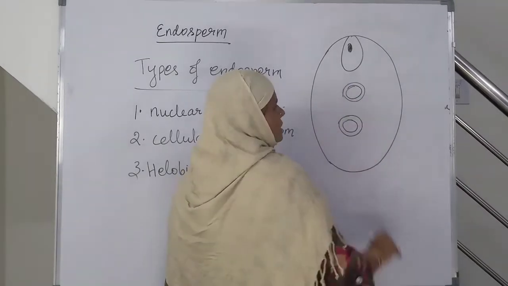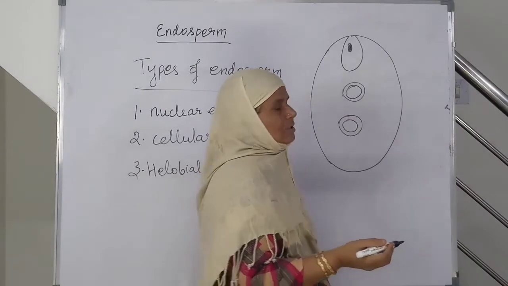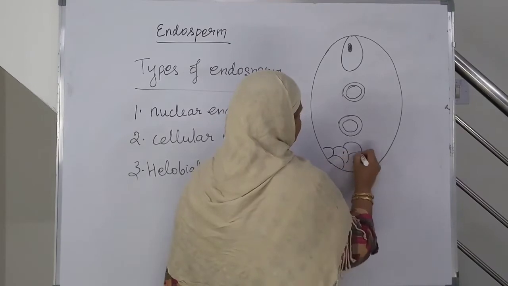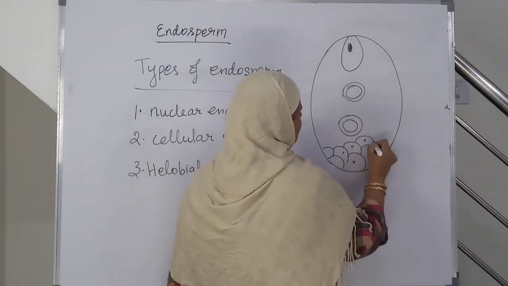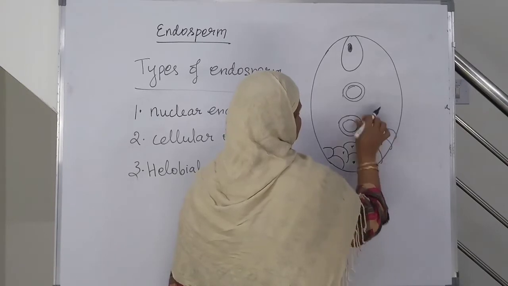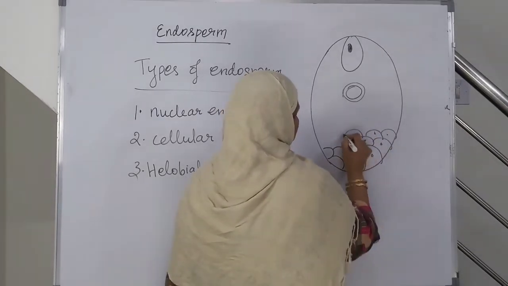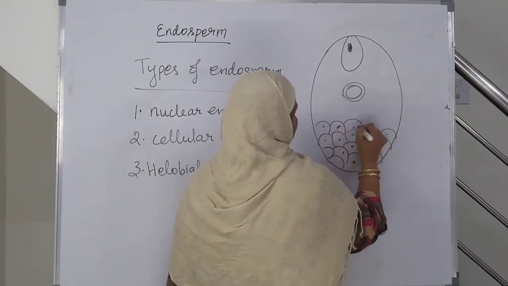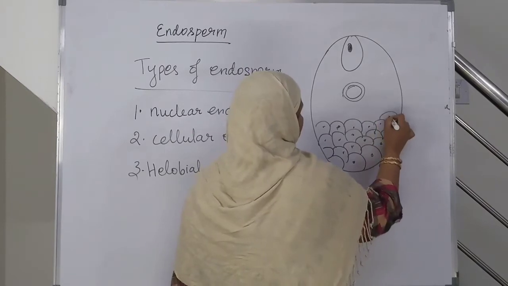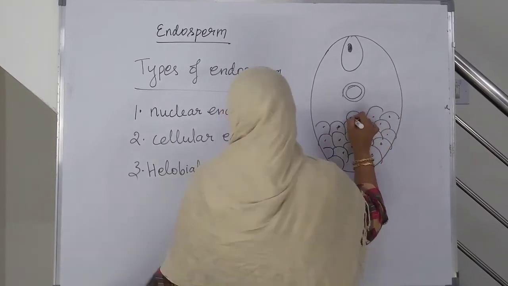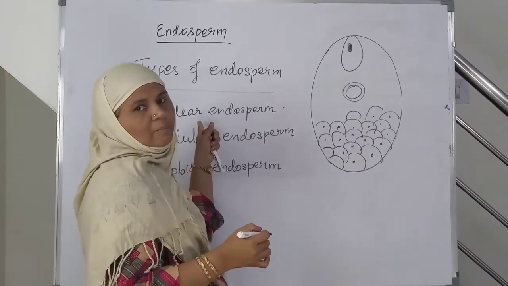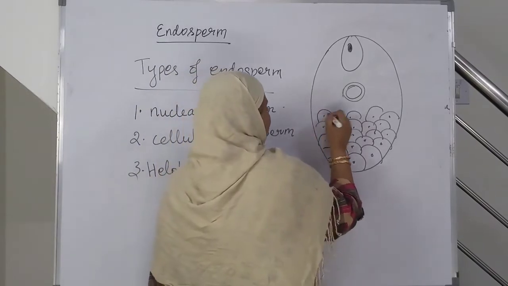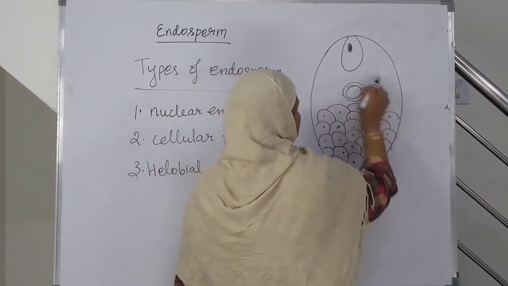Then simultaneous division starts, so that repeated number of cells will be produced here, with wall formation. In the nuclear endosperm, there is no wall formation, the nuclei exist in free condition, but here after the nuclear division immediately the wall formation occurs.